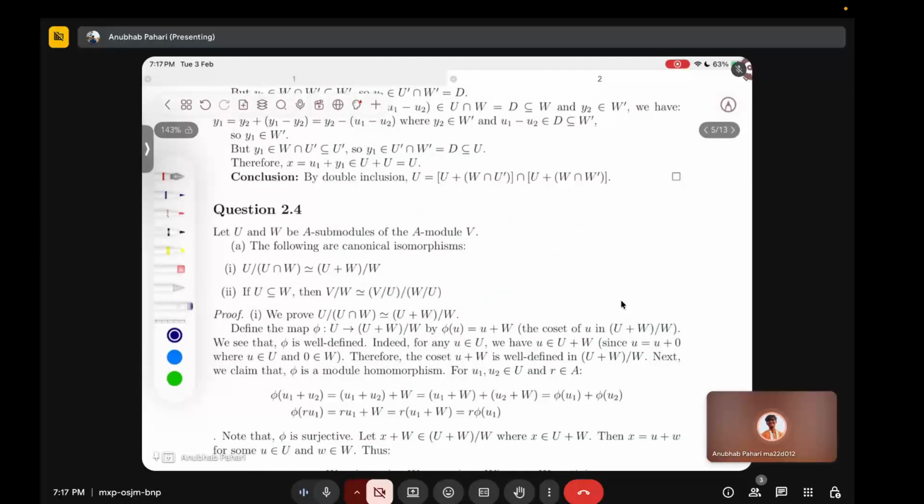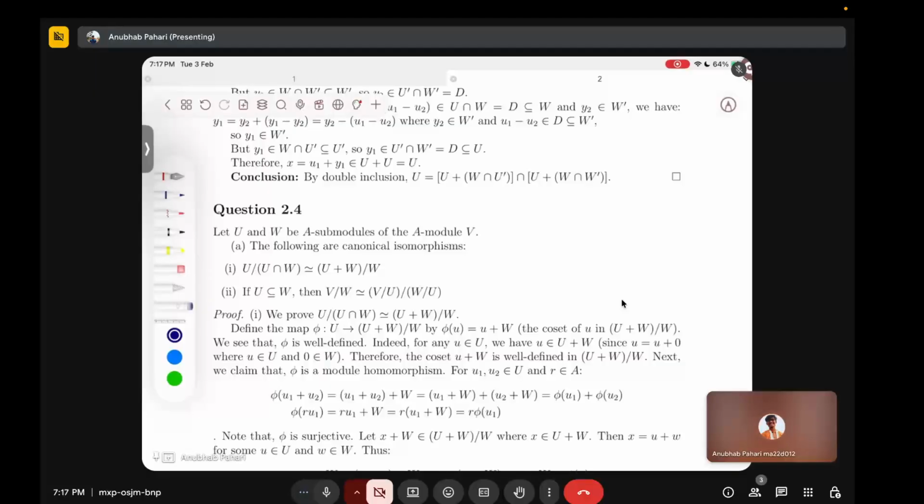Question 2.4 says that let u and w be submodules of the A module V. Then the following are canonical isomorphisms, that is u mod u intersection w is isomorphic to u plus w by w.